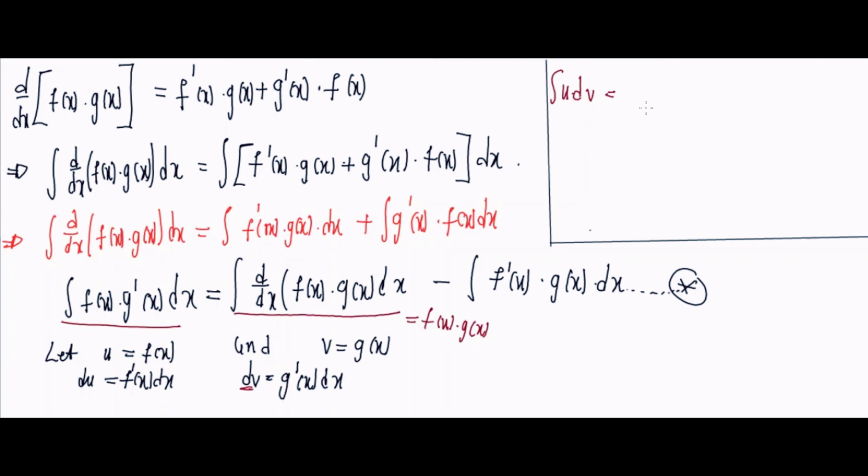So what is f of x? It is u. And what is g of x? It is v, which is here. Minus the integral of what is f prime of x?